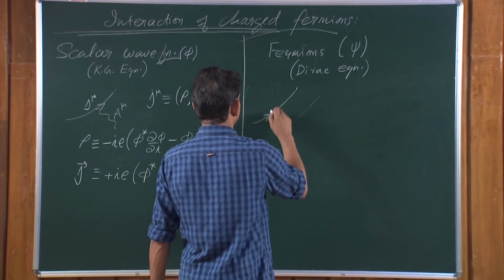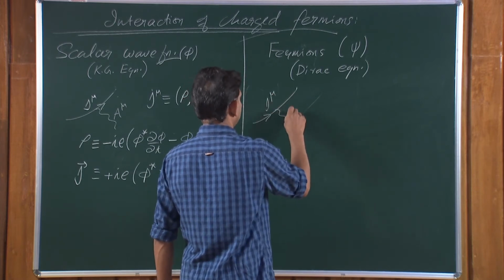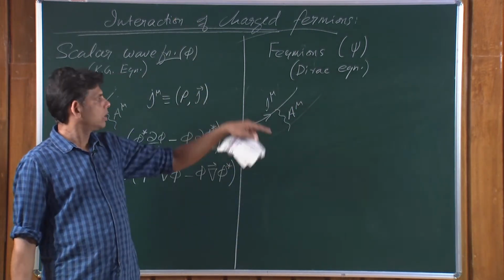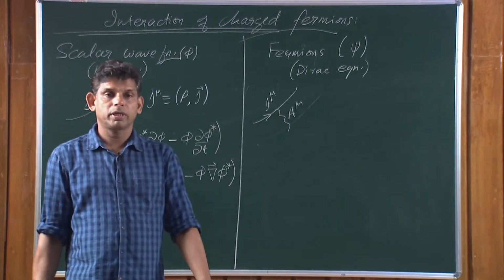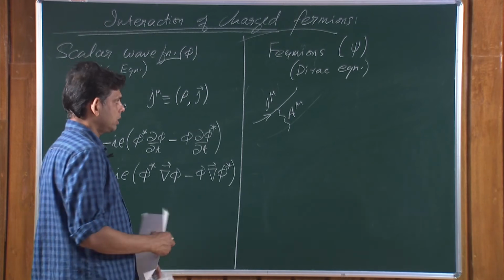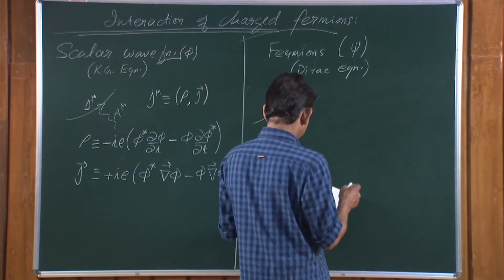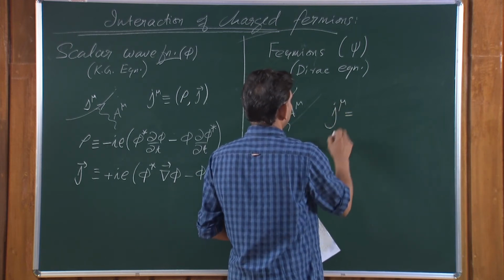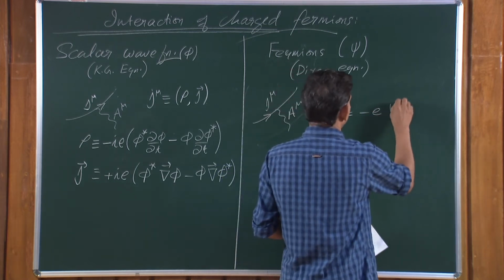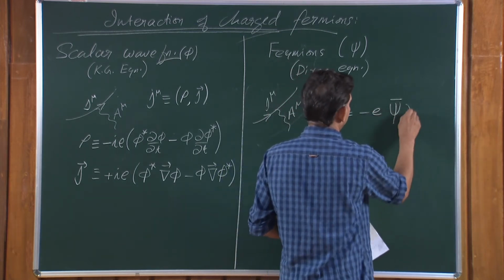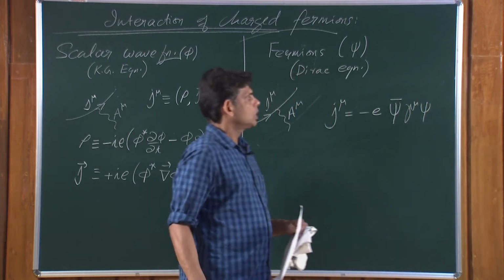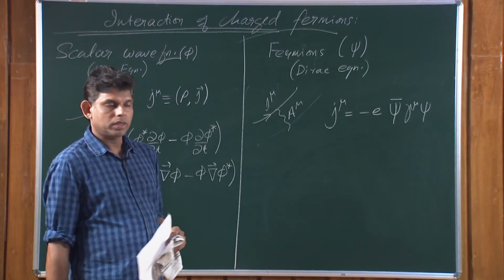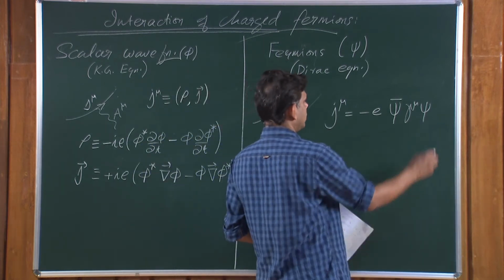We have a current and the current is interacting with A. So, this is like an electron, and on the way it encounters an electromagnetic field, and that is the way we represent the interaction. This we can do in the same way. The only thing is, what is J mu? Here J mu for electron is minus E psi bar gamma mu psi. So, psi bar is known, gamma mu is the Dirac matrix, and psi is the wave function.